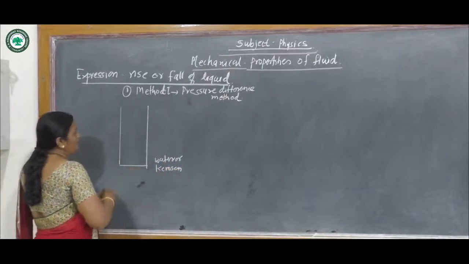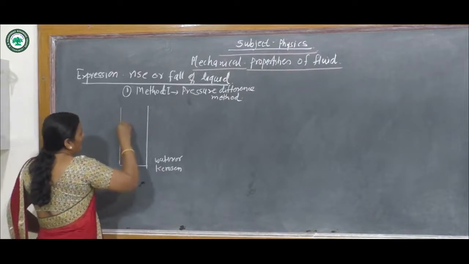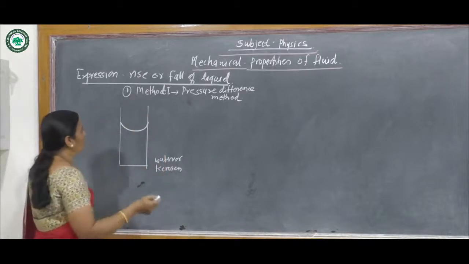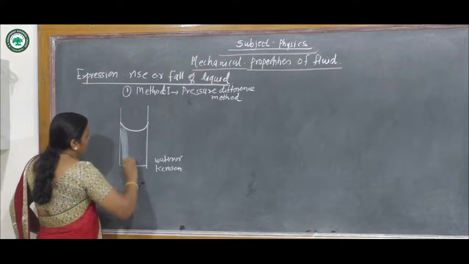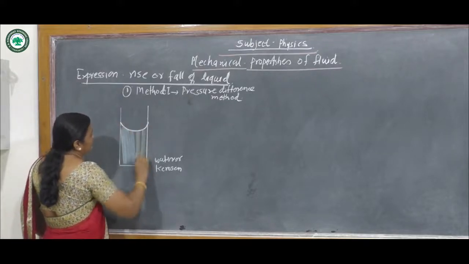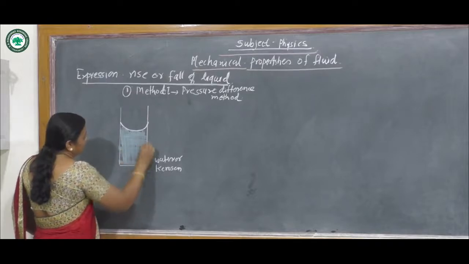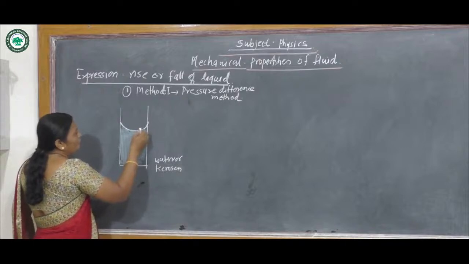In this case, the upper free surface of the liquid is concave. That is, the angle of contact is acute, and suppose this is the liquid, this is the water here or kerosene. In this case, we draw the tangent to this concave surface.